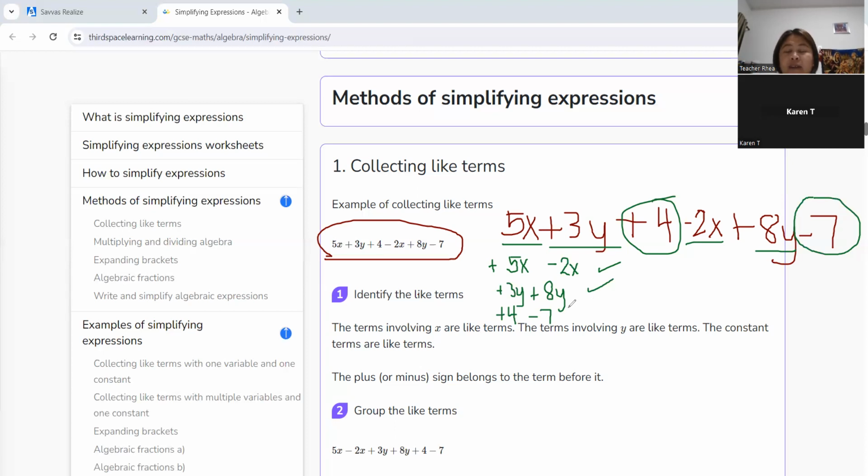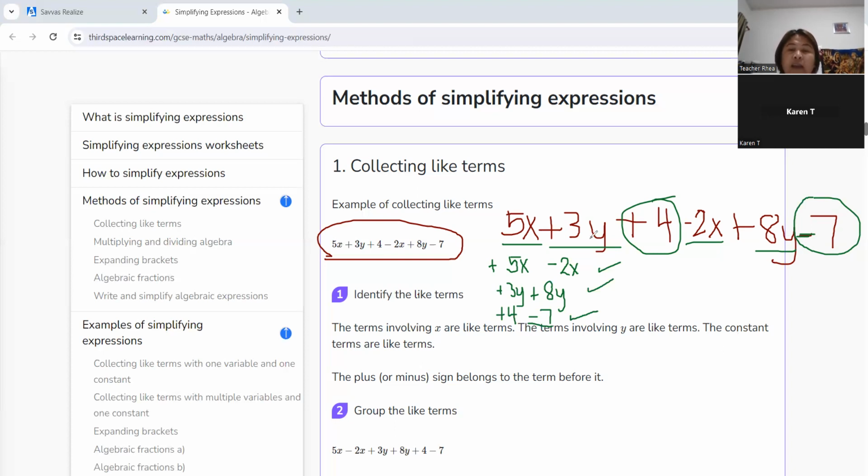Then the constant terms are also like terms: positive 4 and negative 7. The plus or minus sign belongs to the term before it. That is why we put a negative sign on the 7, because it belongs to the term before it.